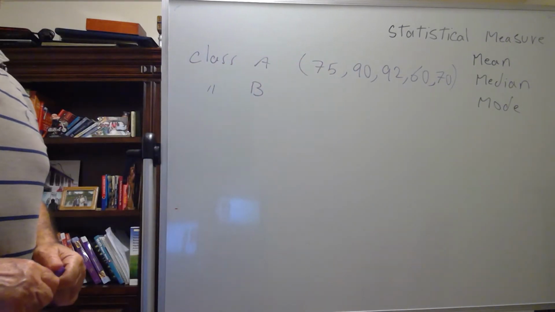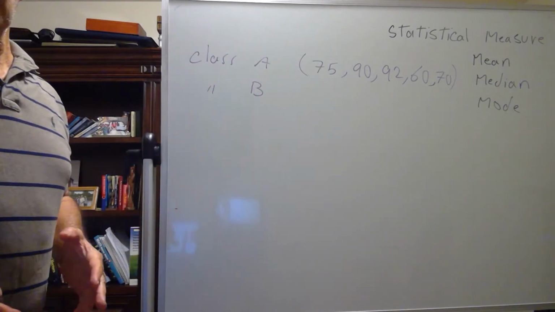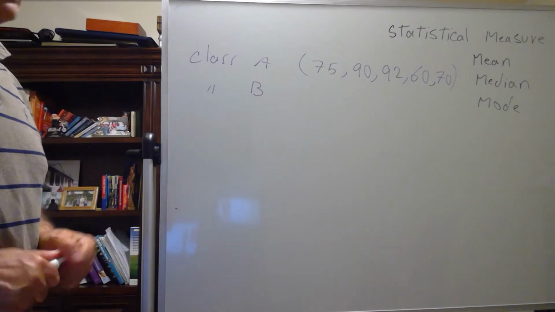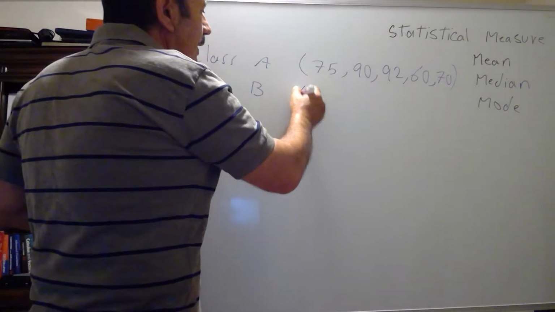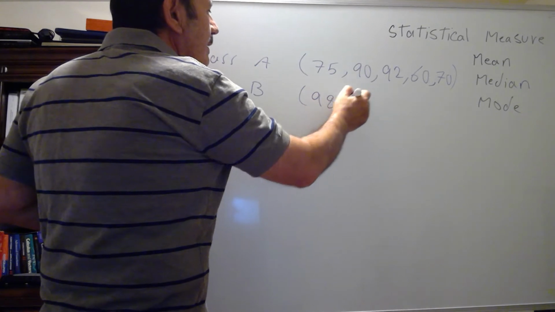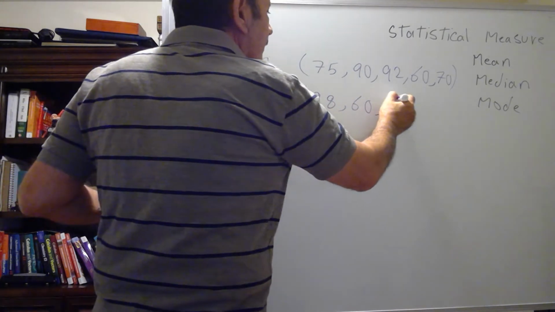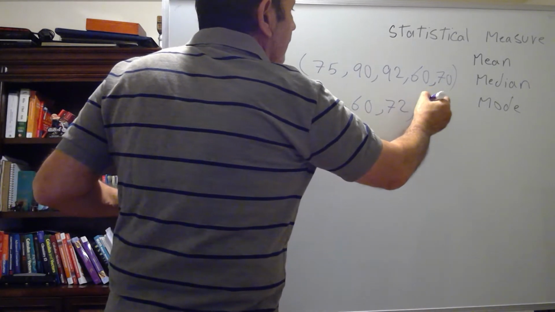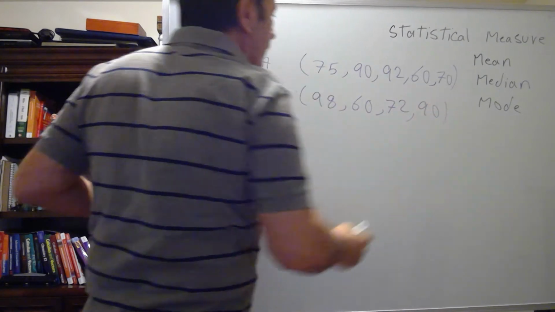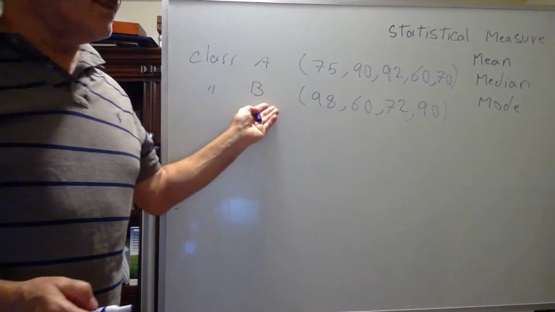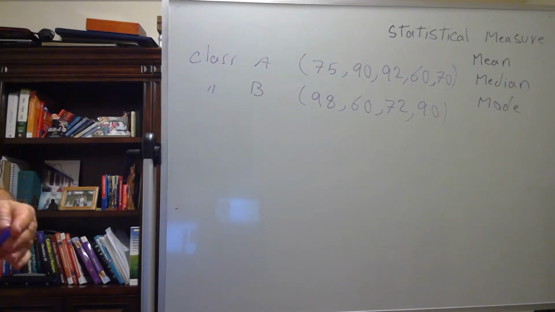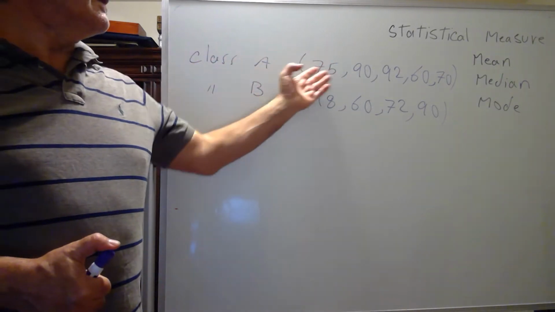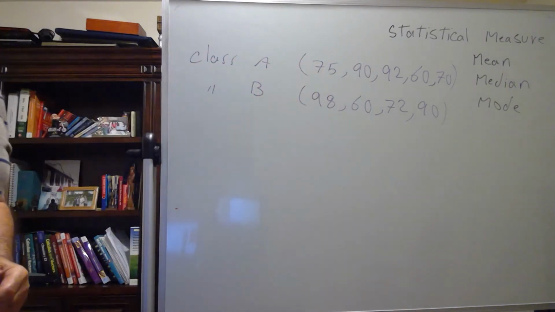Let's say class B has only 4 students, and the marks are 98, 60, 72, and 90. The 4 students in class B have these 4 marks, and the 5 students in class A have these 5 marks.